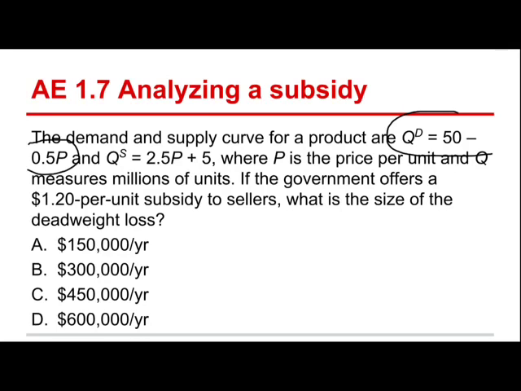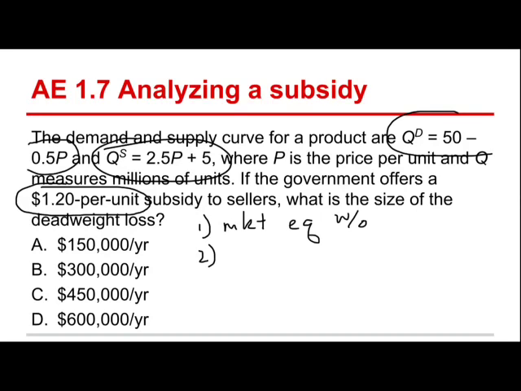Alright, we've got this subsidy problem. There's our demand. There's our supply function. And we're asked to analyze the deadweight loss associated with a $120 a unit subsidy. So we're going to analyze the market equilibrium without a subsidy.